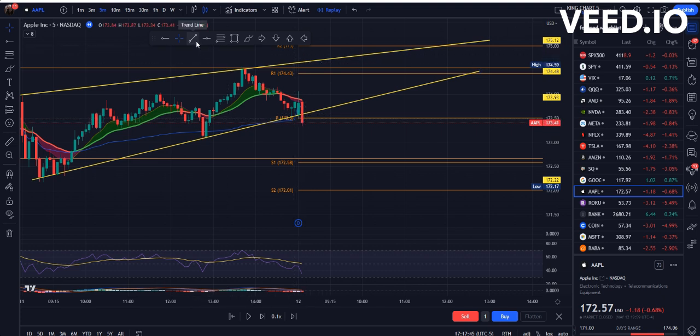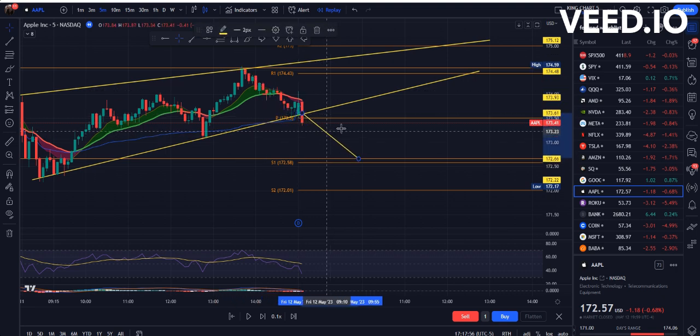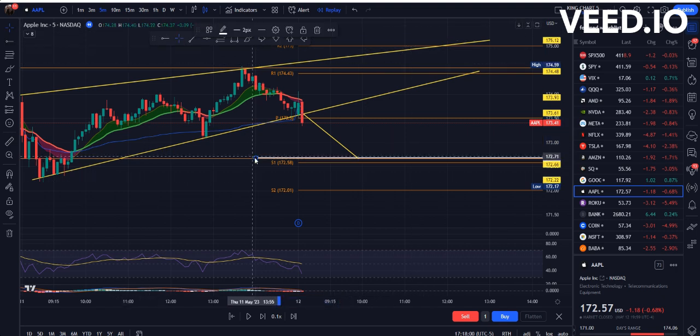Now, how far is your target going to be? Same as before, measure from the last time it touched the top of the trend line to the bottom. Drag it down to where the break occurred. That leaves us at one of our pivot points there, which is 172.66.